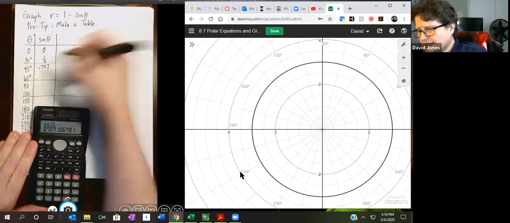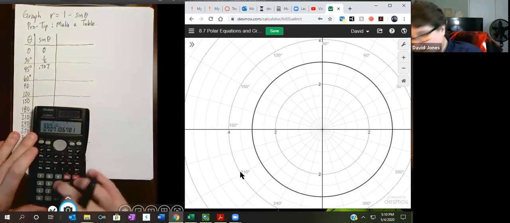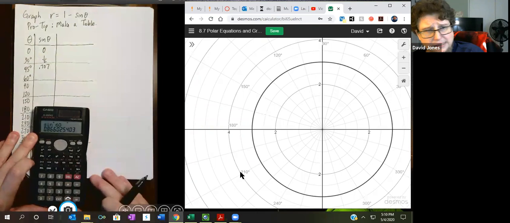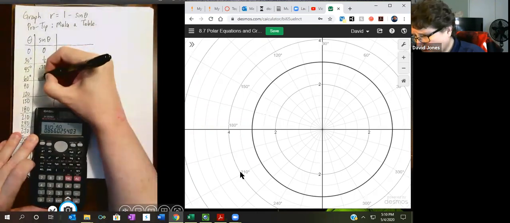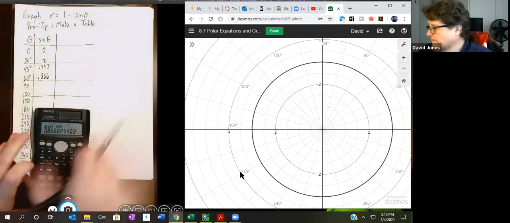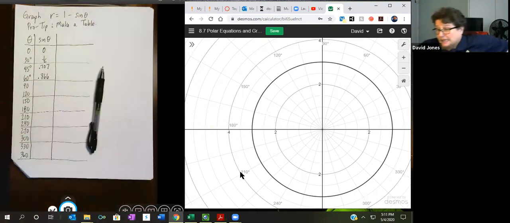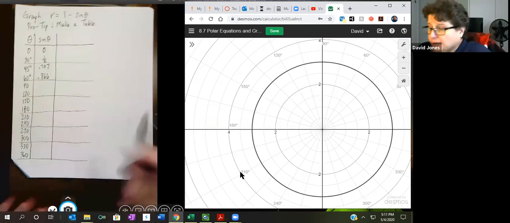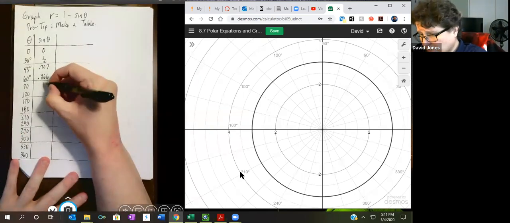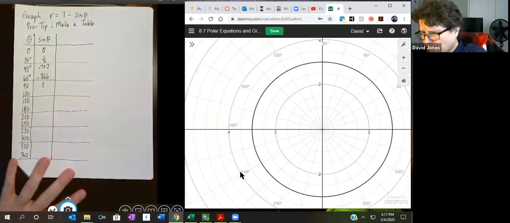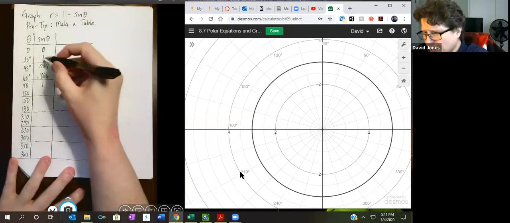Sine of 60 is root 3 over 2, 0.866. Once you have 30, 45, 60 in there, we know reference angles are going to give us all the rest. Sine of 90 is 1. And now this starts ticking back downwards.